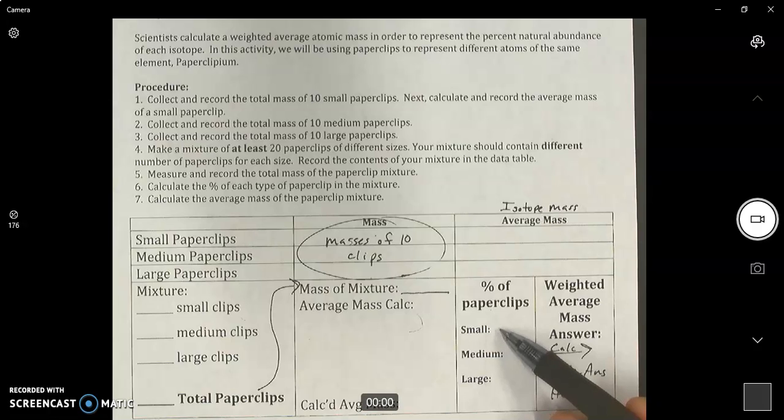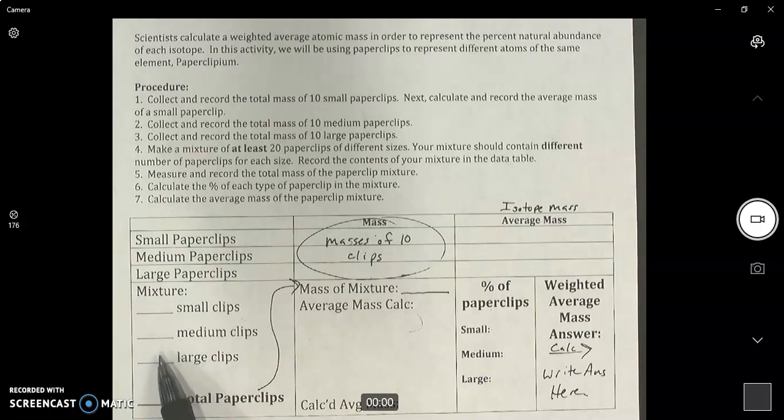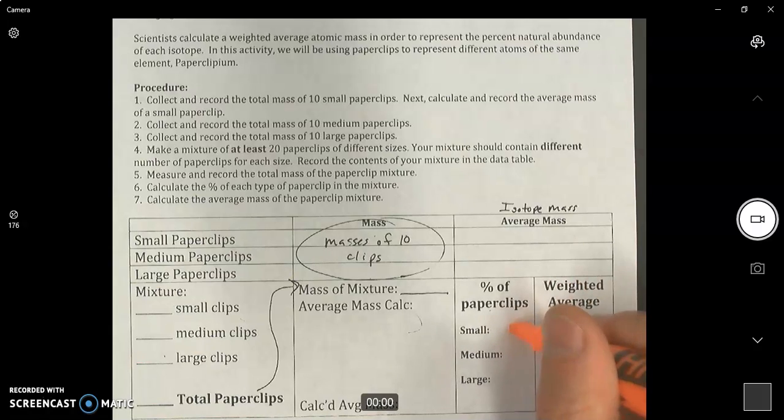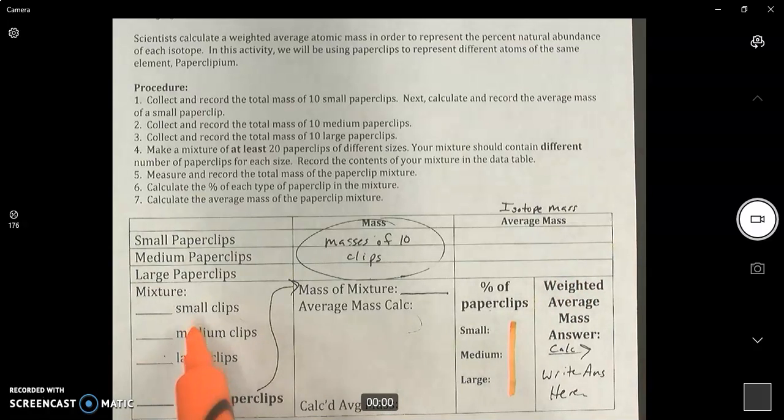Over here, you need to determine your percent abundance for each size paperclip, your percent abundance based on these numbers over here. Okay? So these percentages are going to be based on that over there.